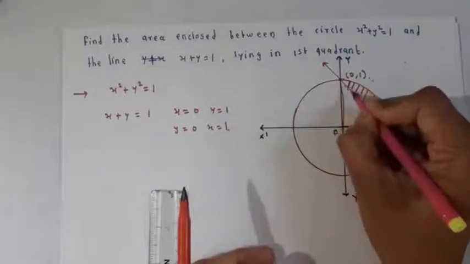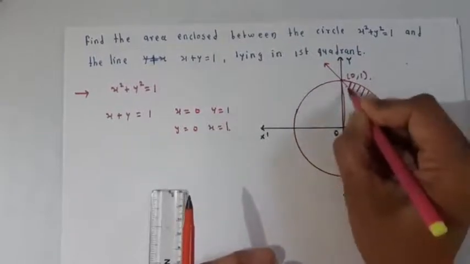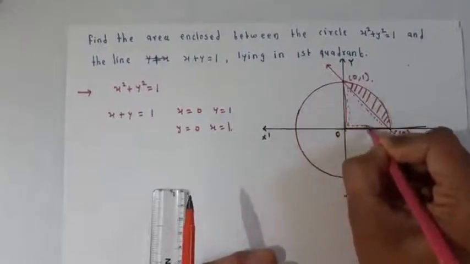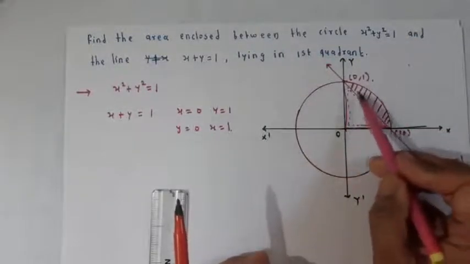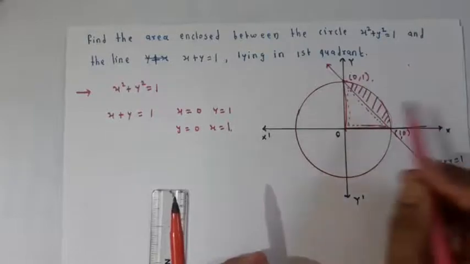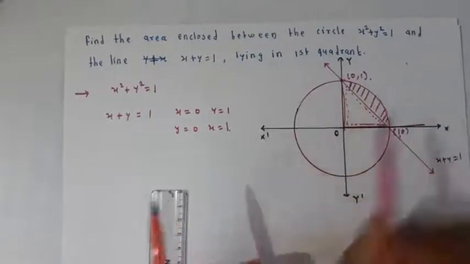This is the triangular area, this is area A2, and circular area minus triangular area, we will get the shaded portion, that is the required area.